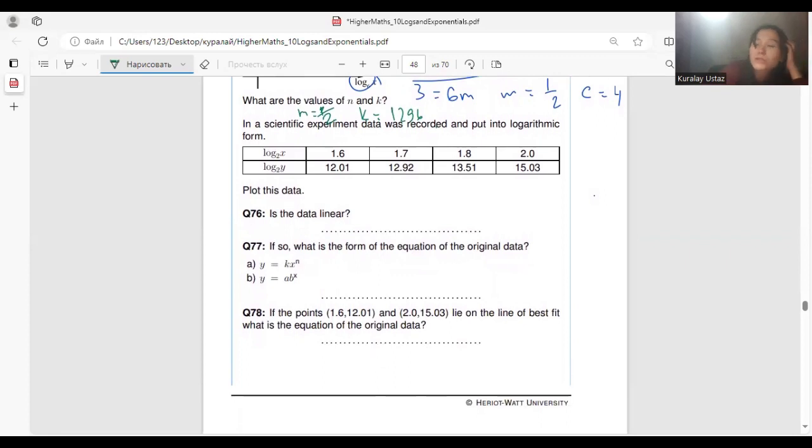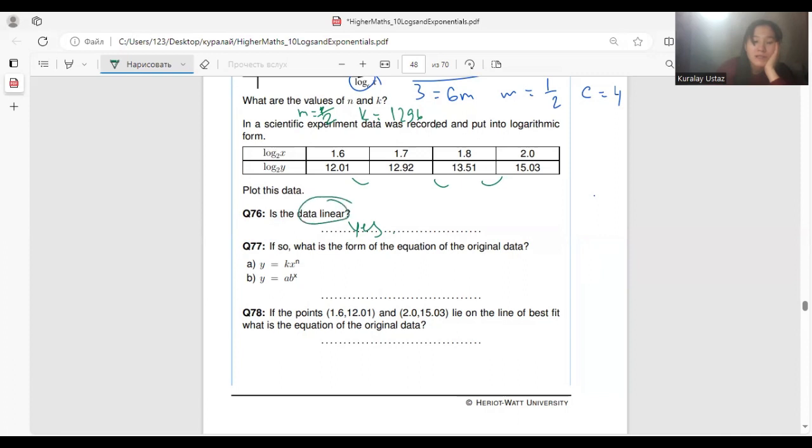Let's see. There is a table, and you need to plot the data. I will not do it. I think it's not comfortable to plot this data here. I think we can define it by drawing a sketch.